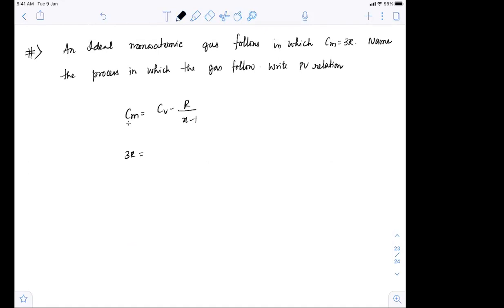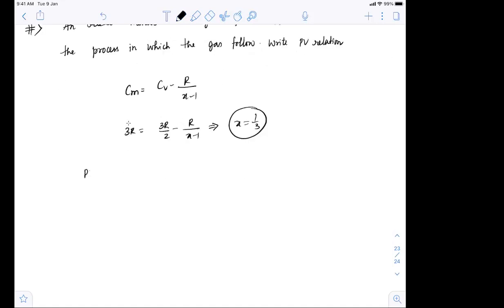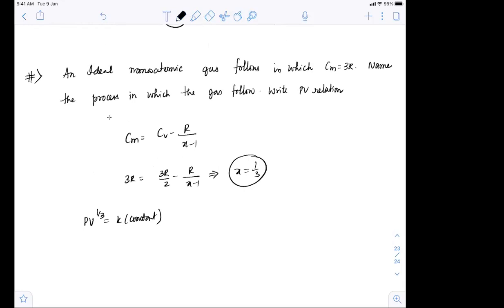For monoatomic gas, Cv will be 3R by 2, so 3R is equal to 3R by 2 minus R by x minus 1. Which implies we can calculate x, that comes to be 1 by 3. So how does the formula look? PV raised to power of 1 by 3 is equal to constant. So this is that polytropic process. Any doubt here?